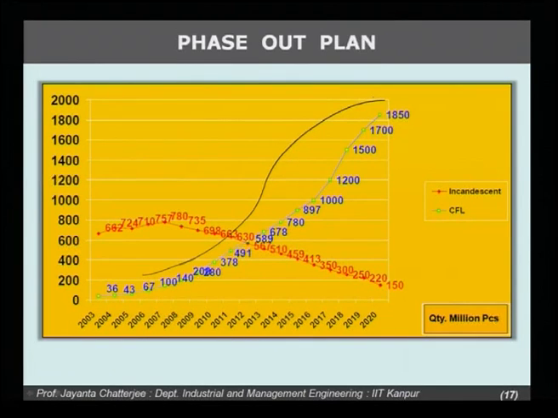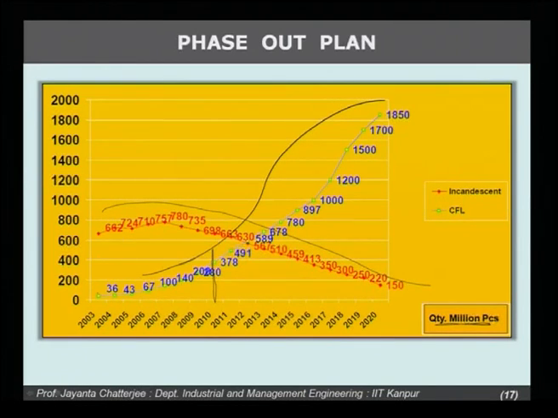So, this is the line for CFL adoption and this is the line for incandescent lamp decline. The growth that has been tabulated here in millions of pieces, this data up to 2011, is real data.